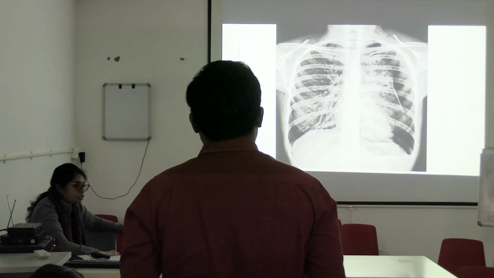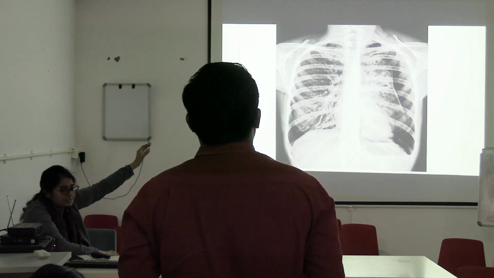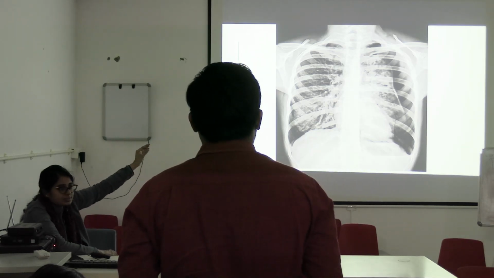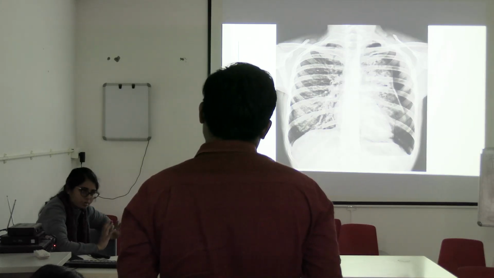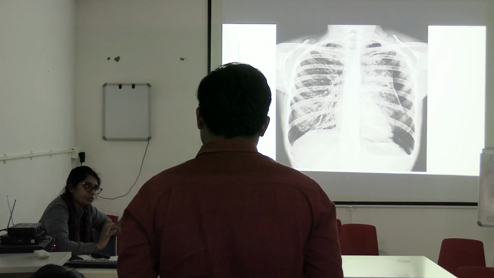Okay, so most probably, and there is slight shift of the mediastinum to the right side. The cardiac shadow seems normal, so most probably this is an X-ray of pneumothorax, left side more than right side.